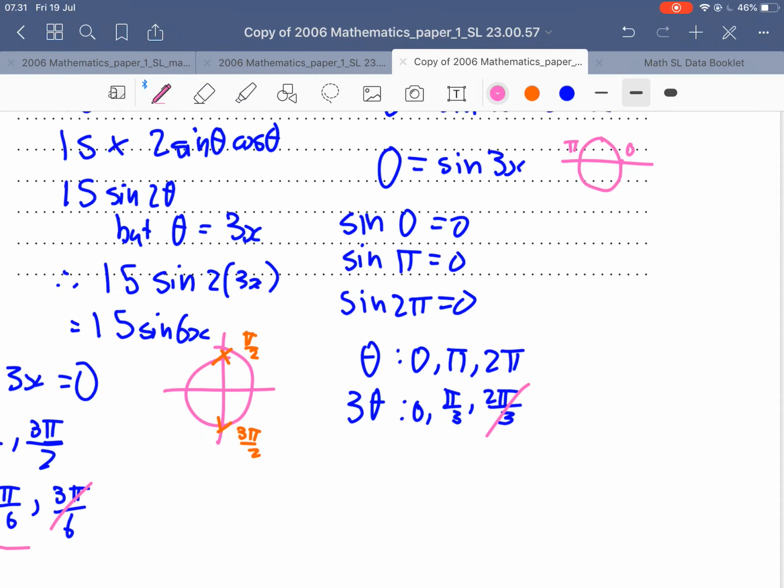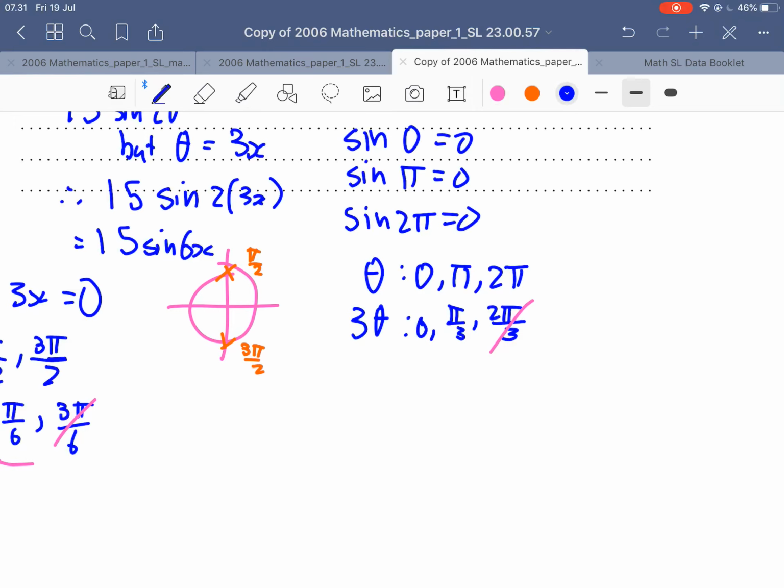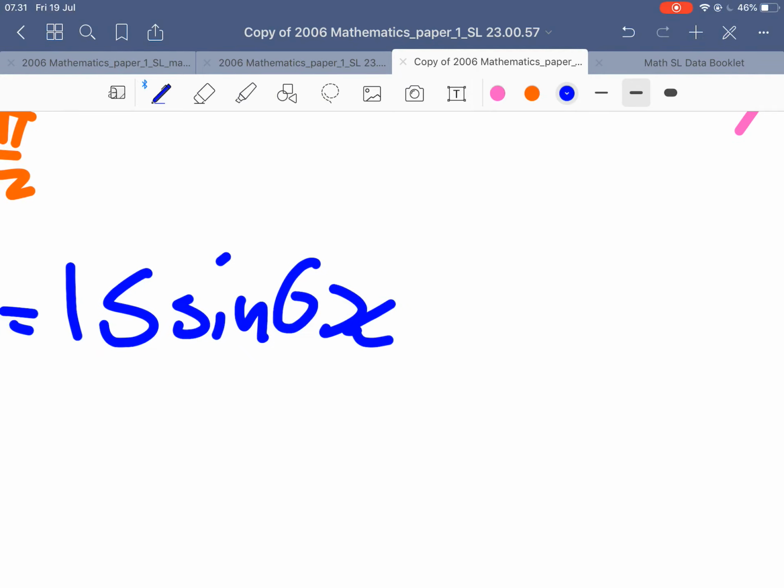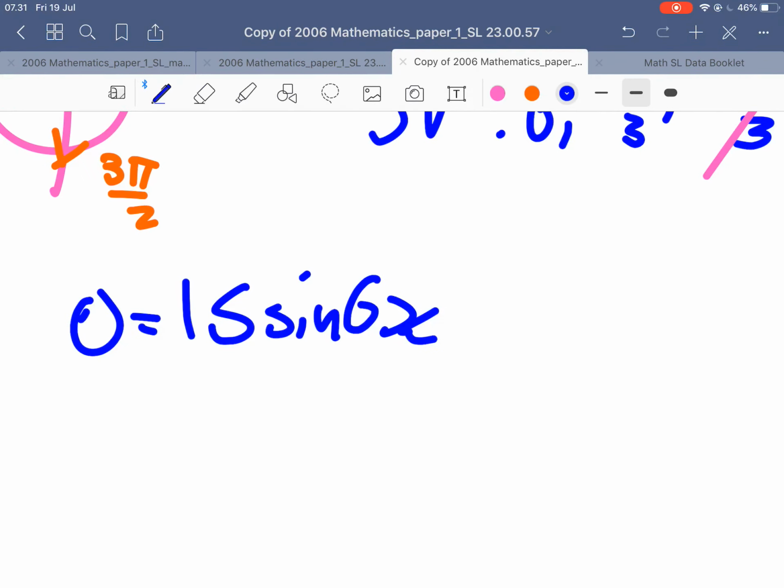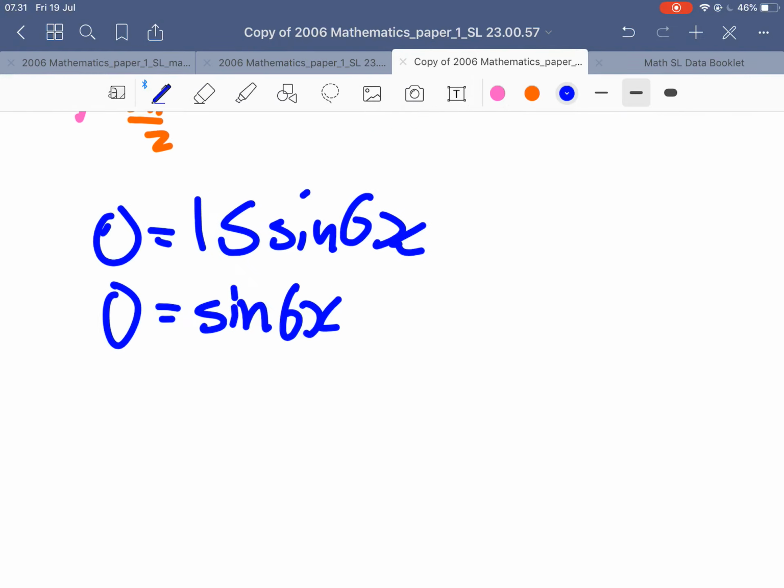But then we also have this equation, which might pop something out. So 0 equals 15 sine 6x, right? And 6x is pretty big, so it's going to have some pretty small angles in there. So we divide by 15, so 0 equals sine of 6x.